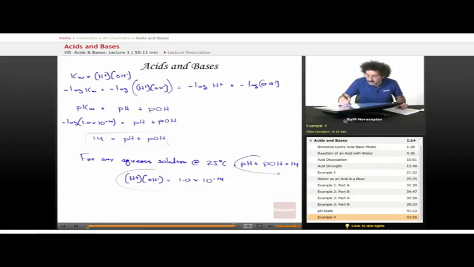These are the same thing, except one deals with these scientific notation numbers, the small ones. One deals with numbers that are a little bit more tractable. So in any aqueous solution, the product of the hydrogen ion and hydroxide concentrations is 10 to the negative 14. The pH plus the pOH of that solution is equal to 14.